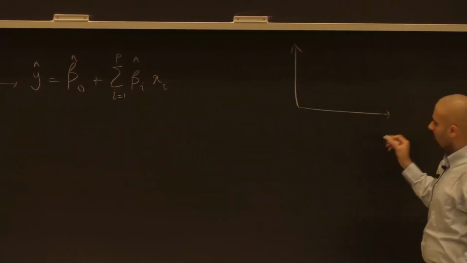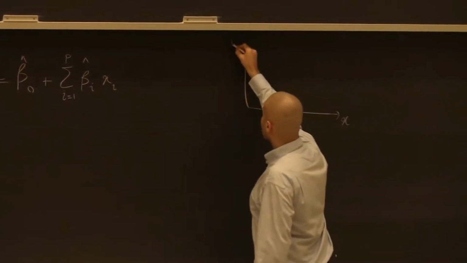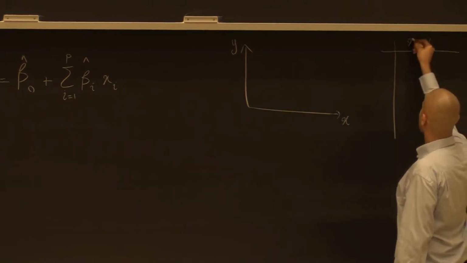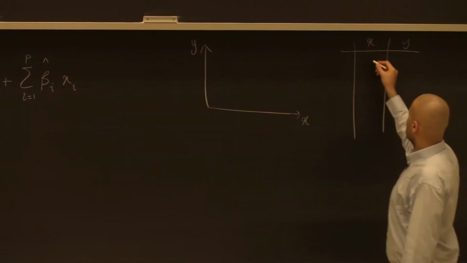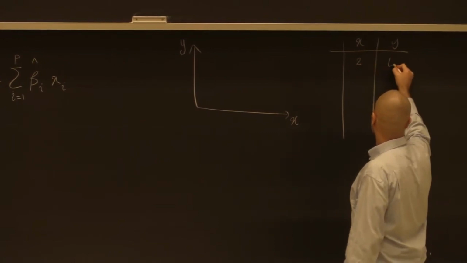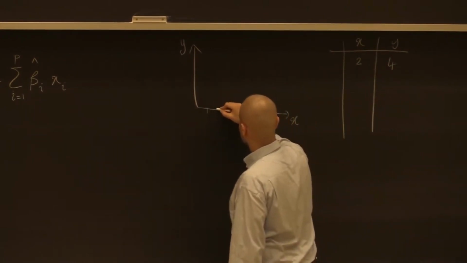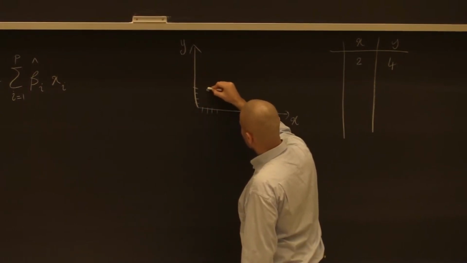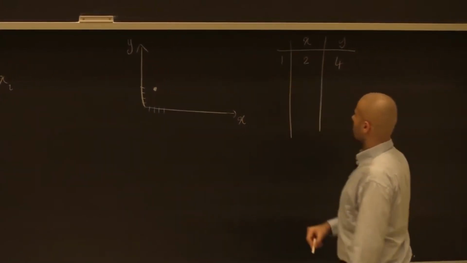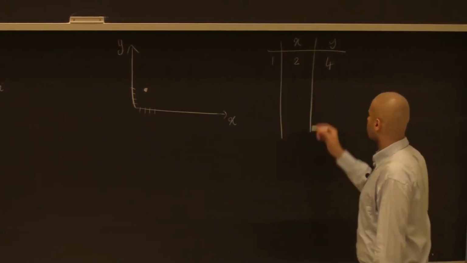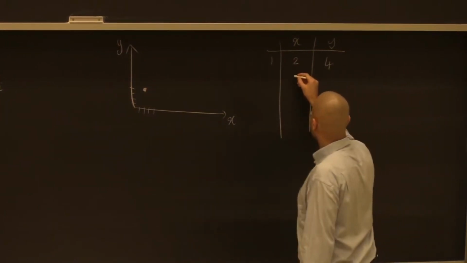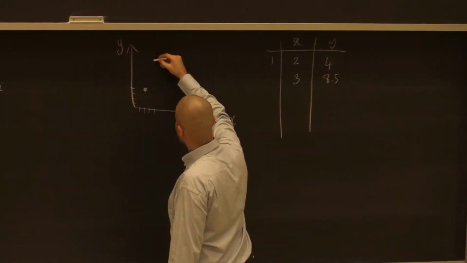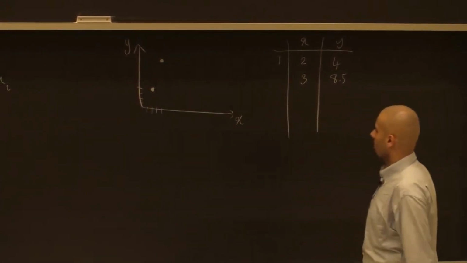Let's say that we only have one variable to make it simple, and one response y. So the data set looks like this. We have a certain value for x, like 2, 4, which means that there's a point in the scatter plot here, and this is the first entry in the data set. Let's say we have 3 and 8.5, something like this.